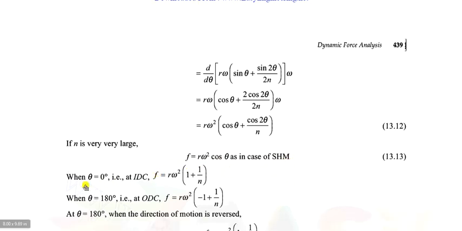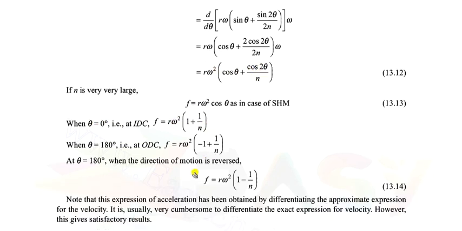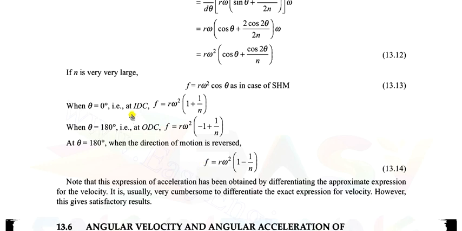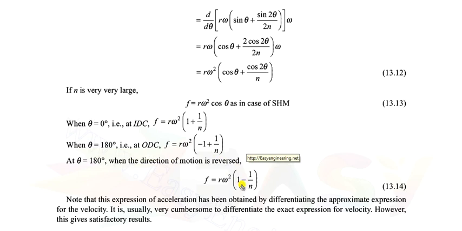Now when theta is equal to 0, cos theta is equal to 1, cos 0 is equal to 1, so r omega square into 1 plus 1 by n. So these all are cases, you can read it. Theta is equal to 180 degrees, again cos theta becomes minus 1, cos 180 is minus 1, and when theta is equal to 180 degrees, the direction of motion is reversed, so this will become minus 1 by n, this is 1.